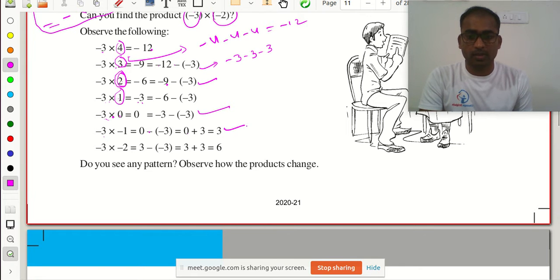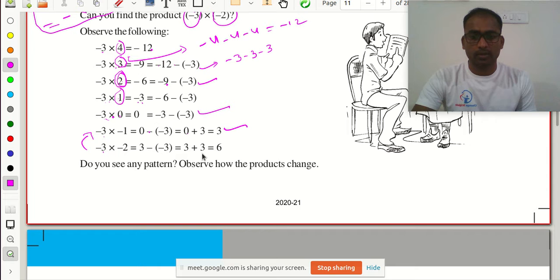And the answer is 3. Yes. Next minus 3 multiplied with minus 2 is equal to how much? Yes, 3 minus, and already we are going to reduce another 3 from the above one. So 3 plus 3 means 6 here.